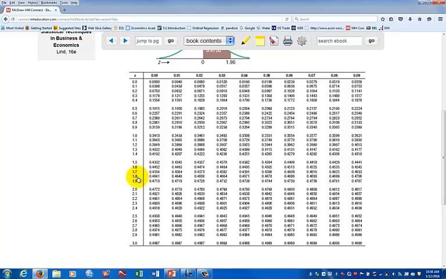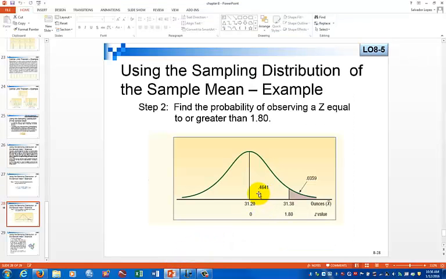Since it doesn't have any other decimal value, so it's 1.80, we read the value right here, 0.4641. So 0.4641 is this area between 0 and 1.8, which is the same area between 31.2 and 31.38, because the population values are also normally distributed. All right, so it's 0.4641.